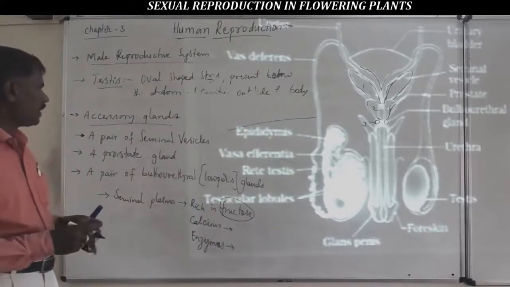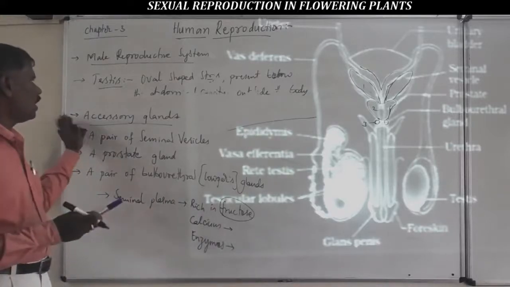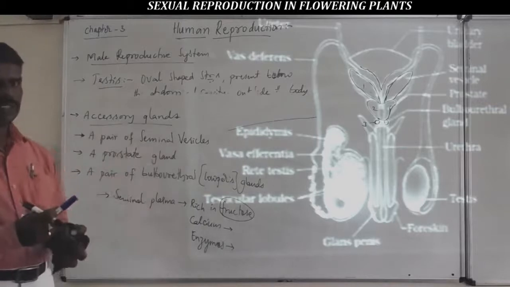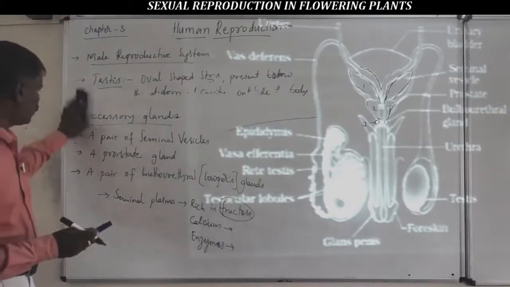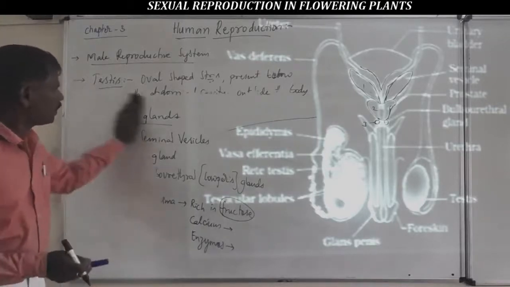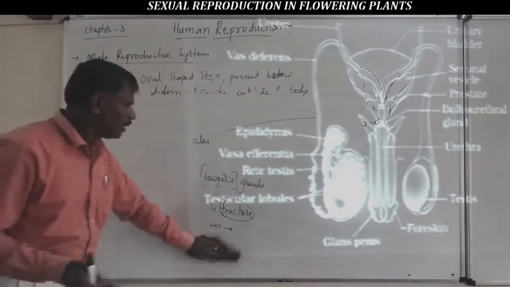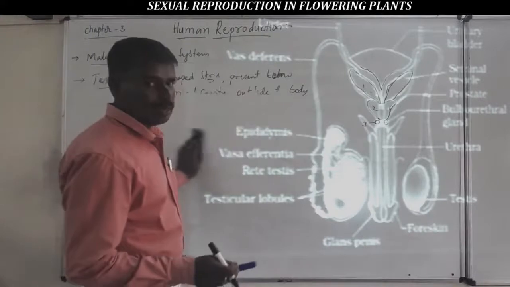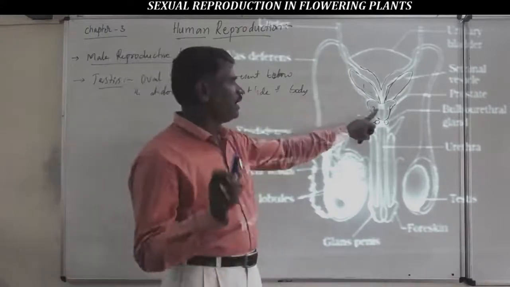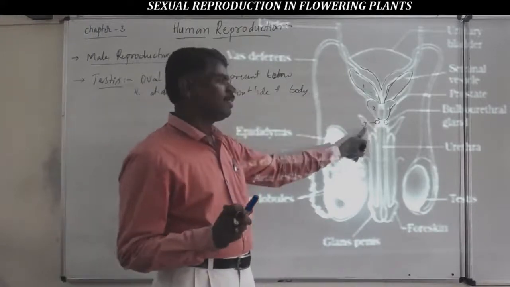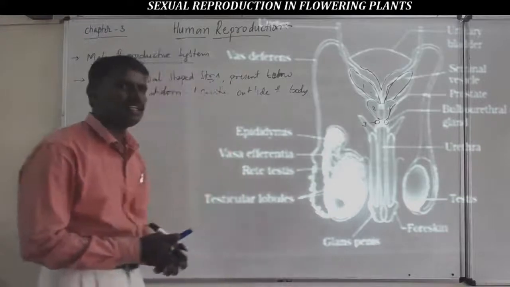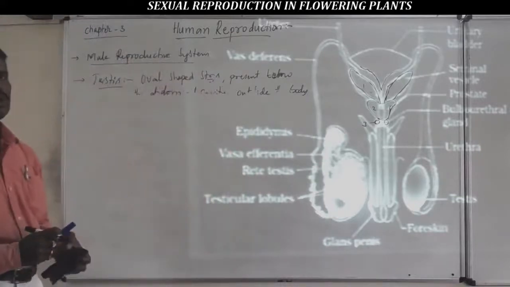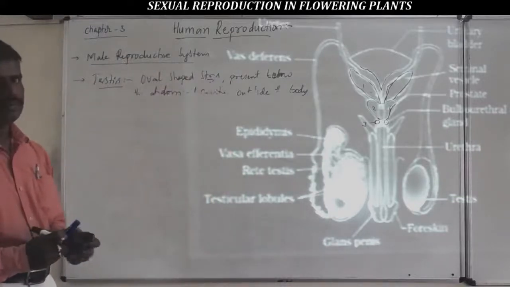So these are accessory glands. The accessory glands are three types of glands: a pair of seminal vesicles, a single prostate gland and a pair of bulbourethral glands, which are also called Cowper's glands.